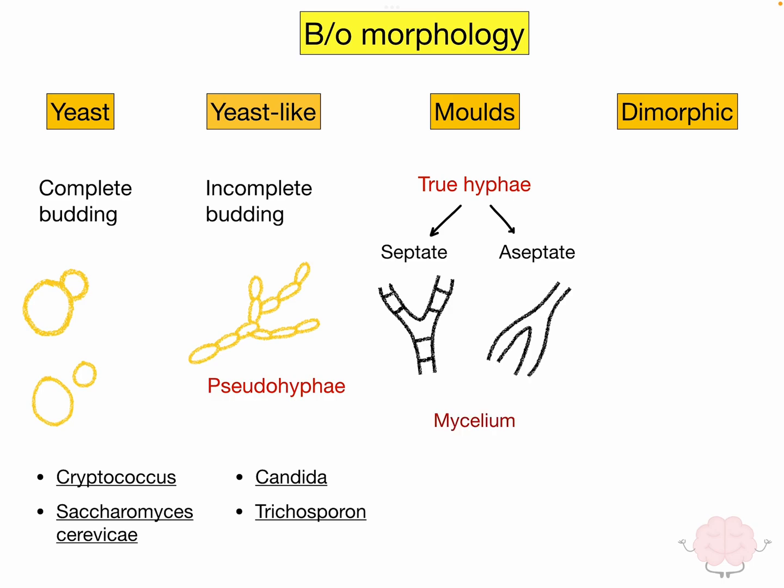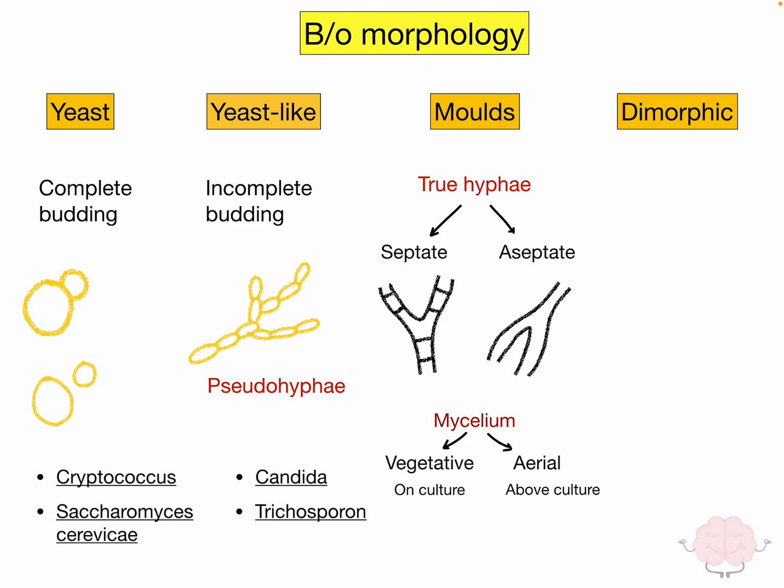And these true hyphae form a network-like structure known as mycelium, which is further of two types. It can be vegetative, which lies on the culture, while it can be aerial, which lies above the culture. We'll be seeing what this culture is in our upcoming slides.